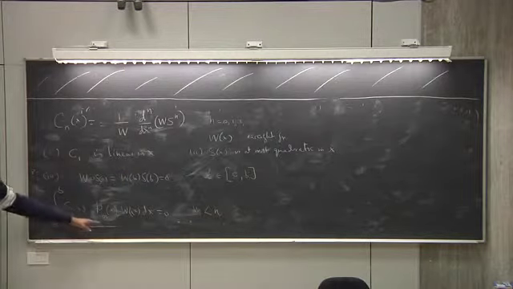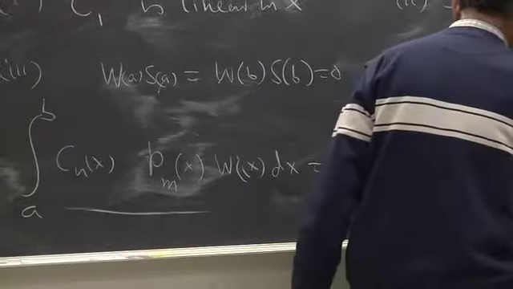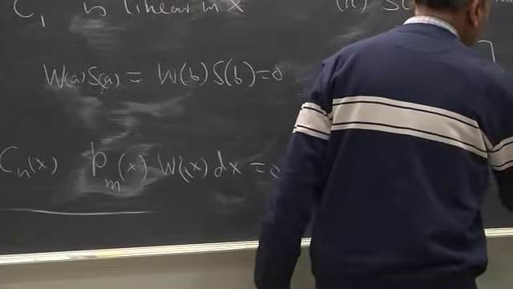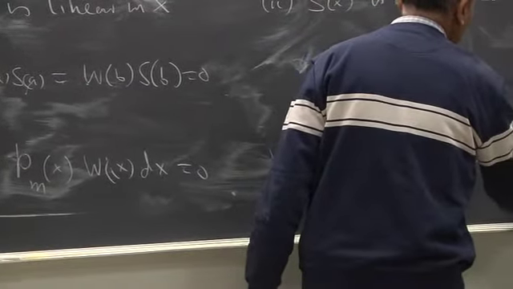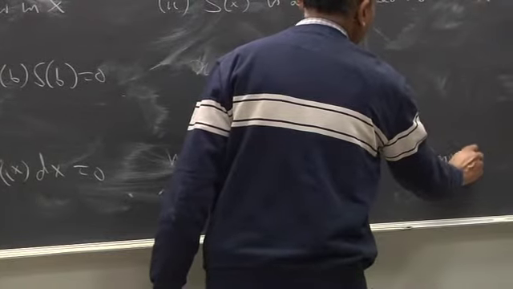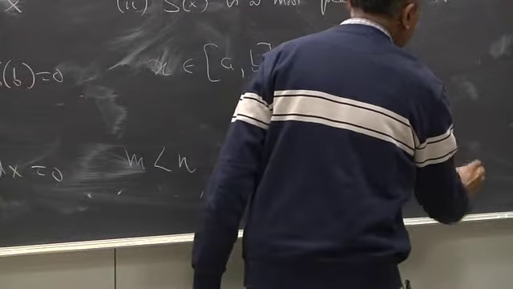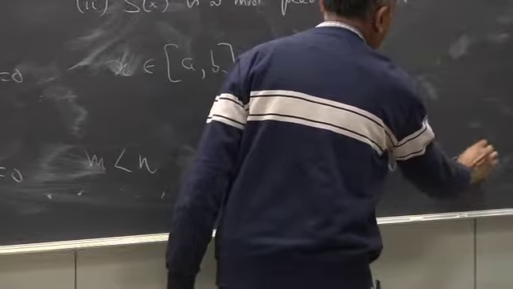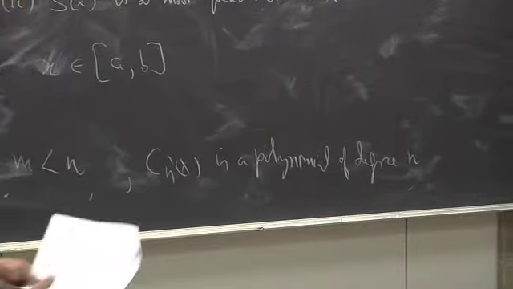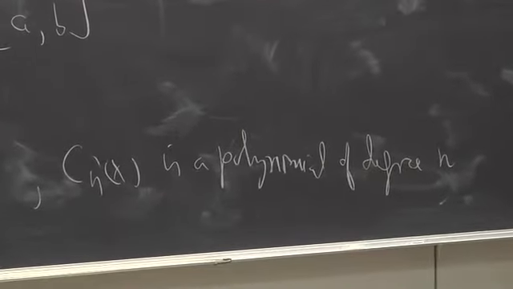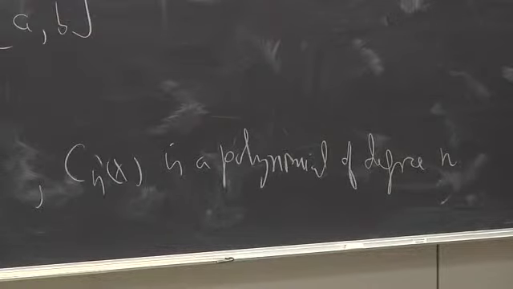This is any polynomial. Furthermore, we also showed that C_n(x) is a polynomial of degree n. These are the few things we showed; we went through the proofs of these statements last time.